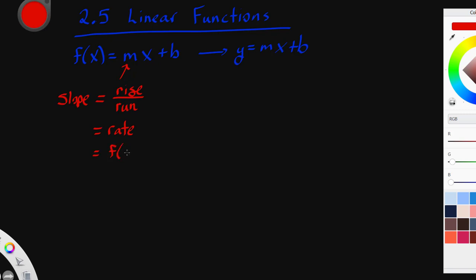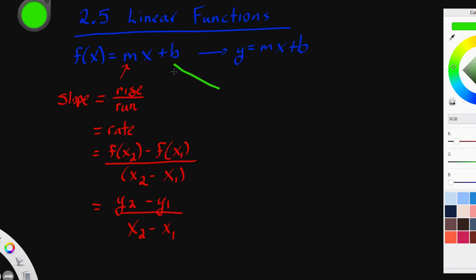And if we're given 2 points, we can find the slope by subtracting f of x2 minus f of x1 divided by x2 minus x1, which you've probably seen before, and as we know, f of x2 is the same as y2, f of x1 is the same as y1, divided by x2 minus x1.